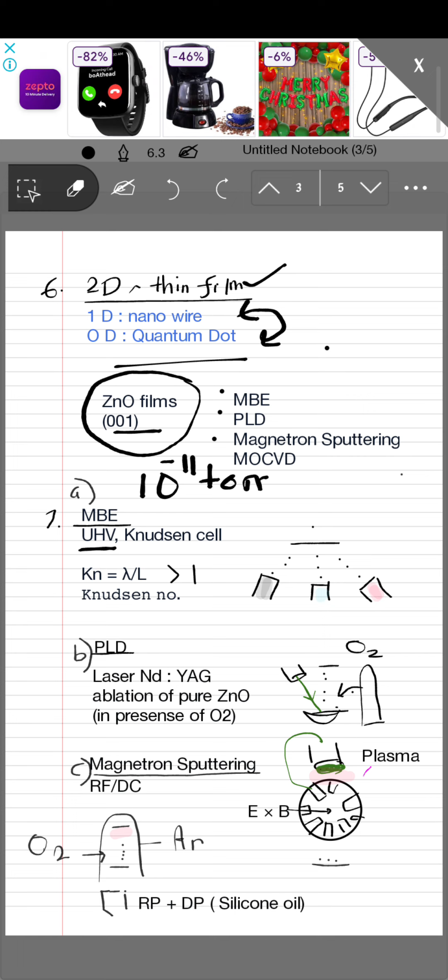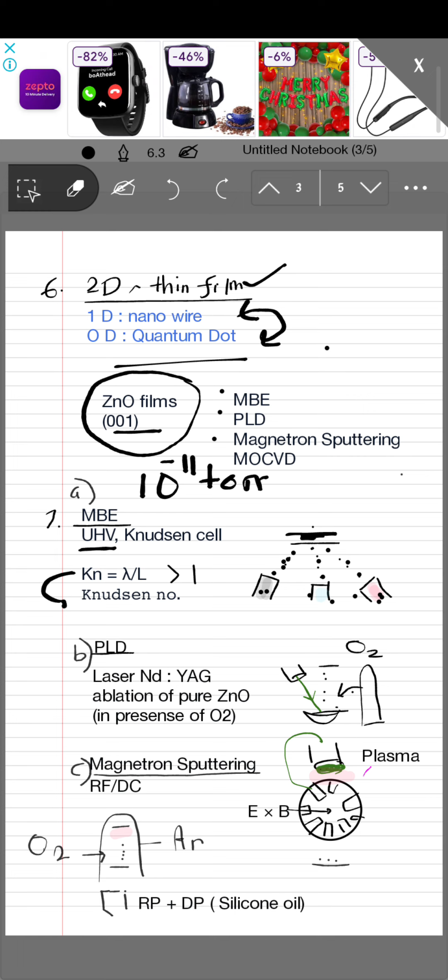Then there are the Knudsen cells, which hold the source material to be deposited as a film. They are subjected to heat, evaporation occurs, and the material goes and gets deposited as a film.